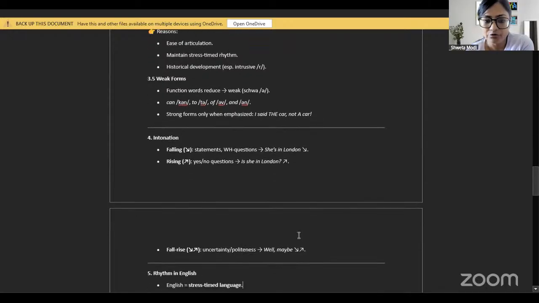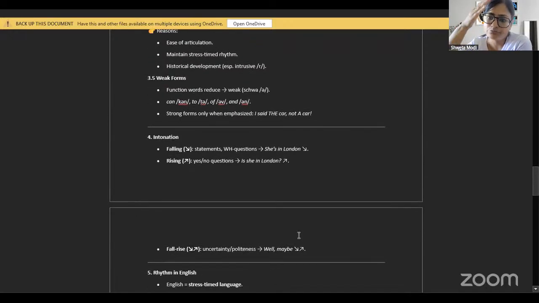Intonation, falling and rising. Sometimes your pitch goes down, sometimes your pitch goes high. For WH questions: Where is she? She's in London. So that's a falling statement. But if it is a yes-no question, then you have the rising pitch: Is she in London?